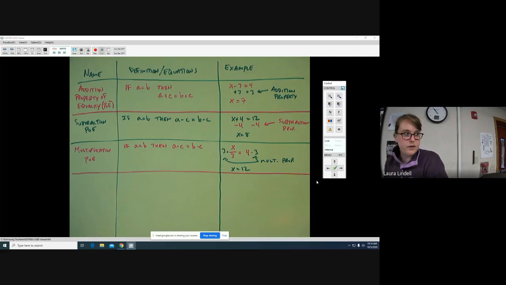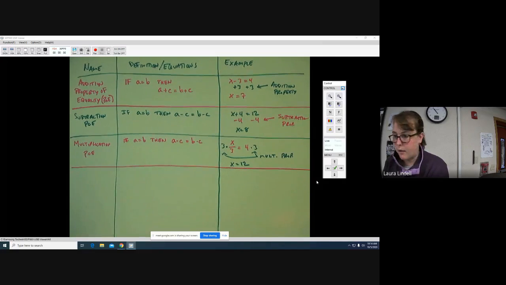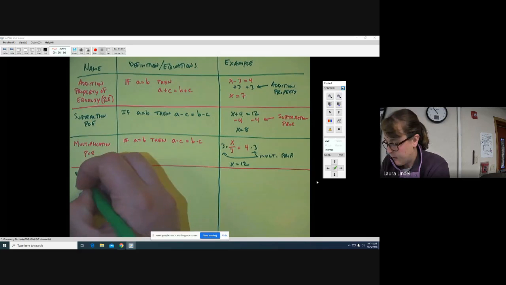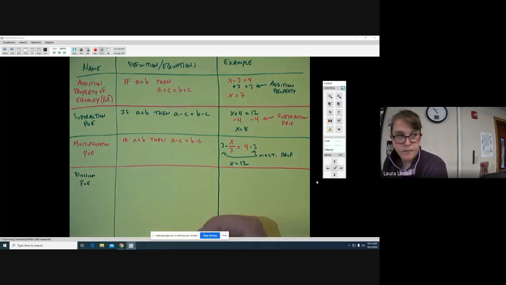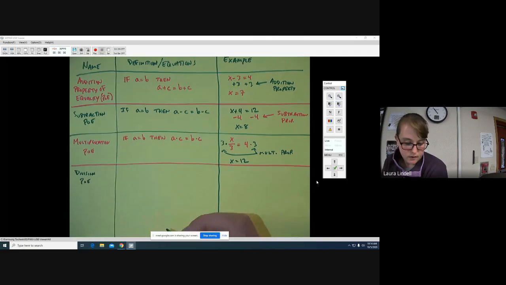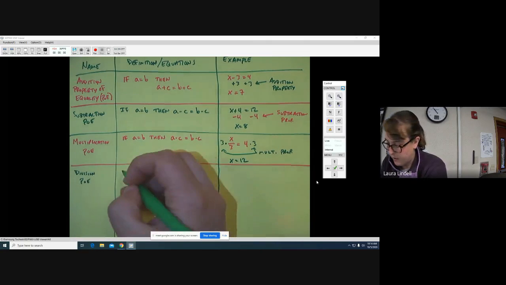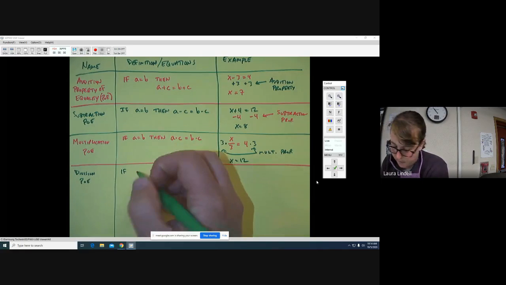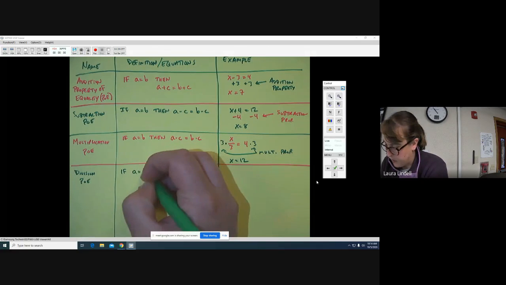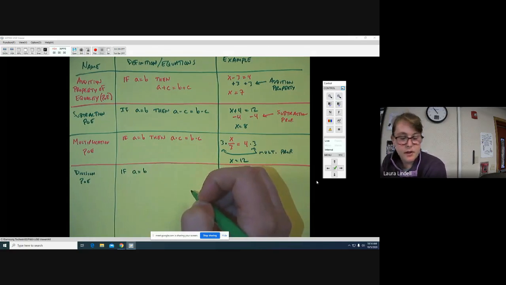All right, so we have addition, subtraction, multiplication, and now we have division. All right, division property of equality. If A equals B, and then division has one extra thing on it.